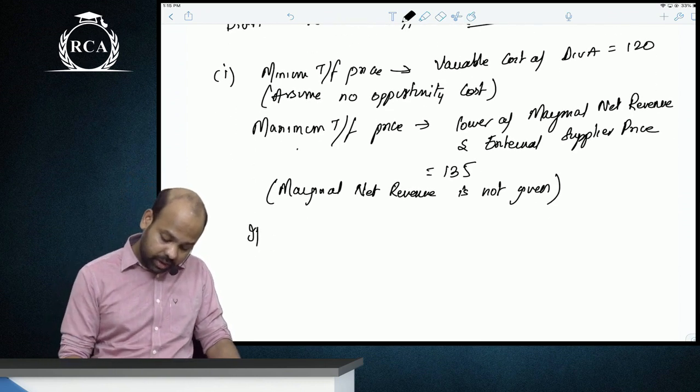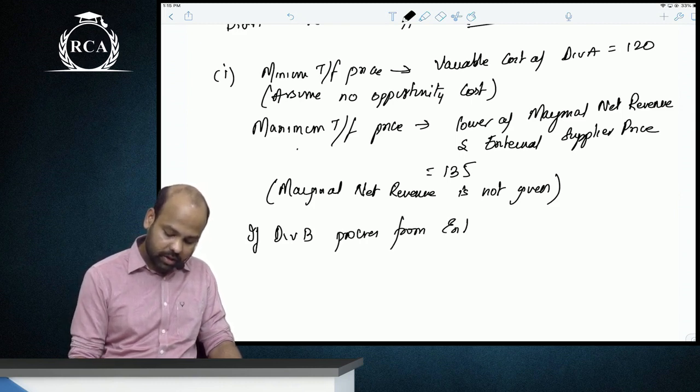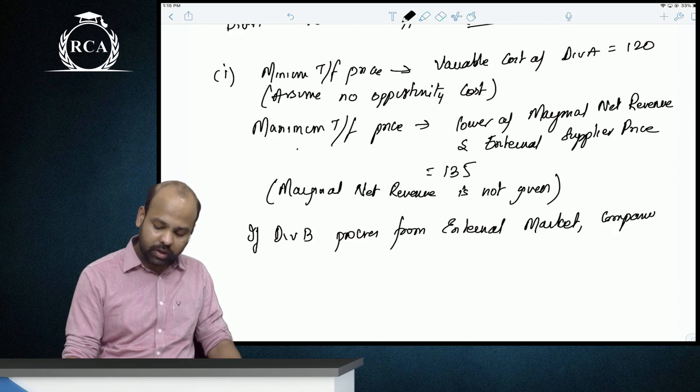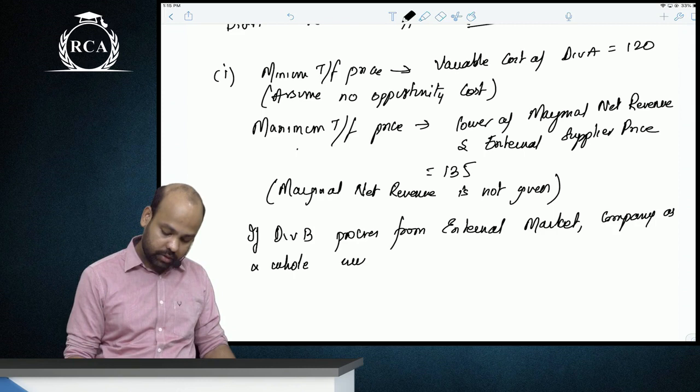So guys, if division B procures from external market, company as a whole beta will lose 15 rupees per unit. How 15 rupees per unit, sir?